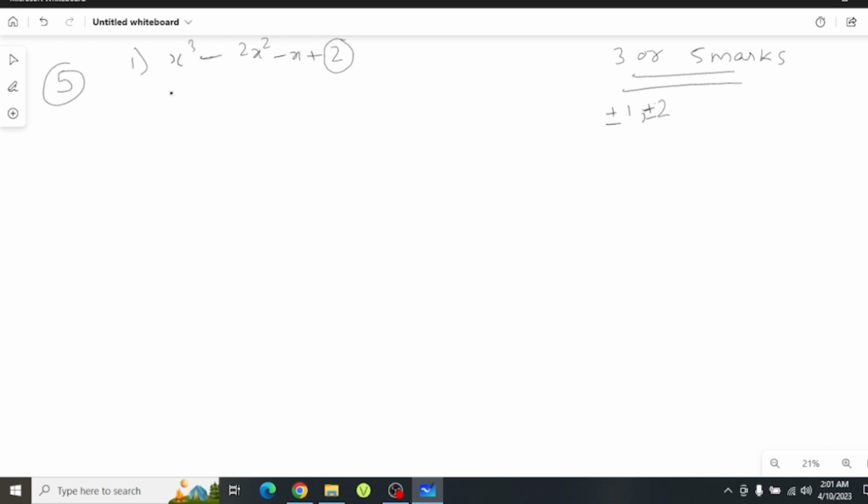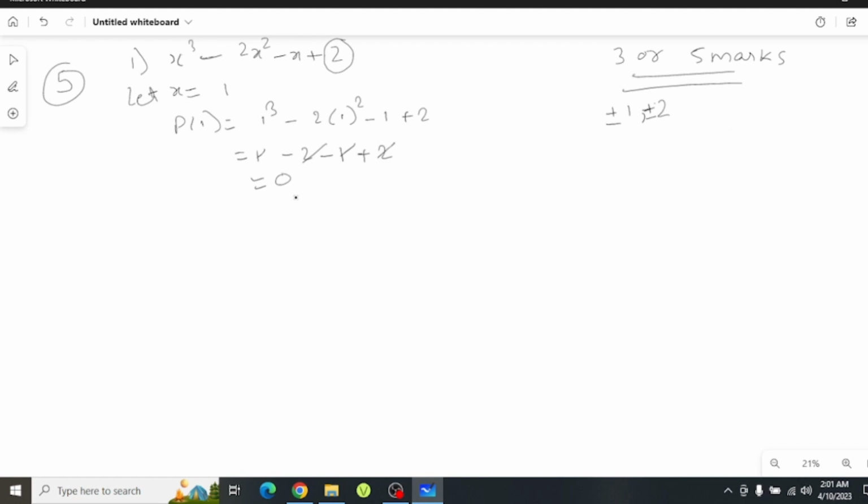Okay, so first we will let x equal to 1. Just put x equal to 1 in the polynomial. So the result is 0.